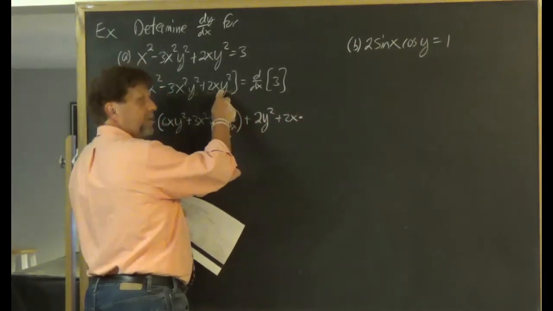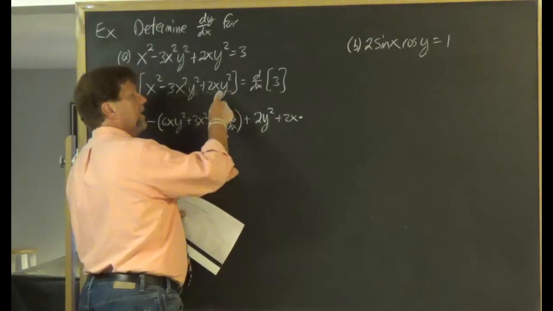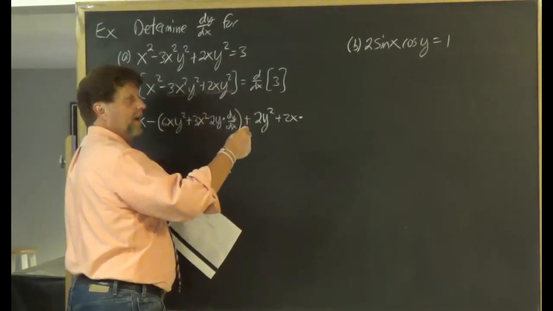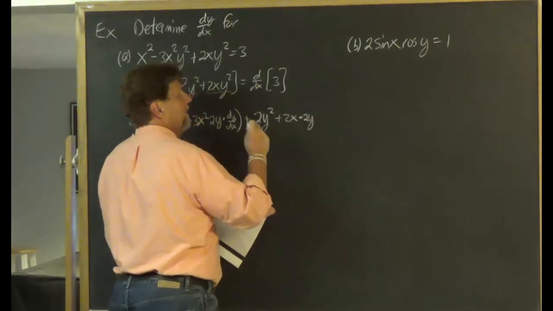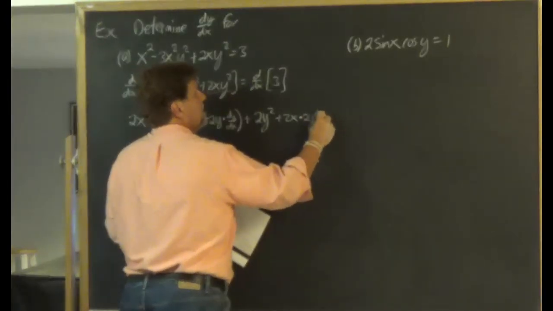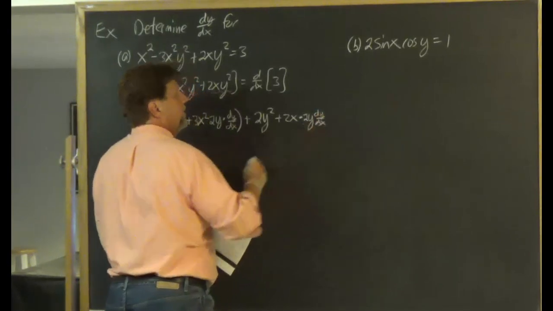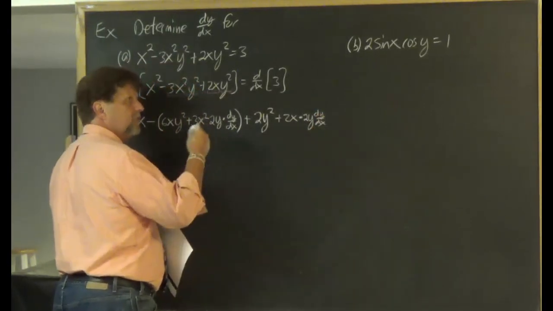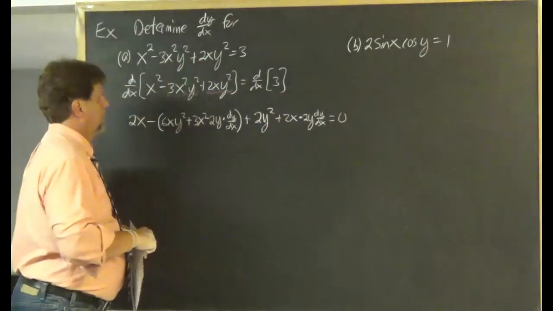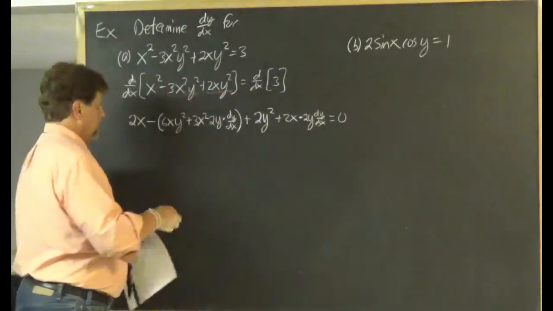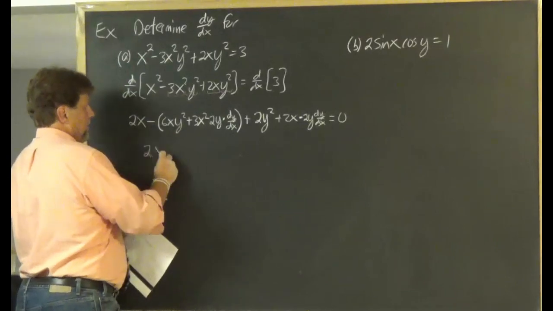Okay, now the derivative with respect to x of y squared. Remember, y is a function of x. So its derivative is 2 times the function of x times the derivative of that function of x. The chain rule comes into play. And then this is 0. All right, we got to do some cleaning up here. So we have a 2x.